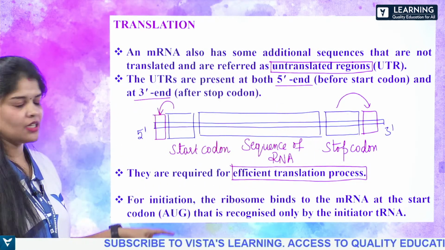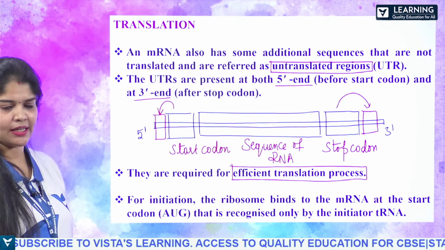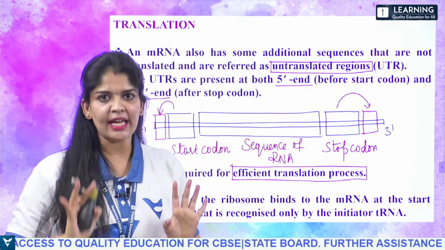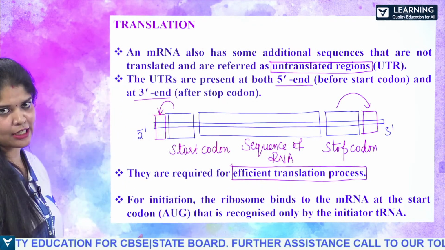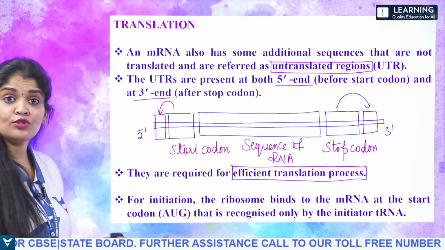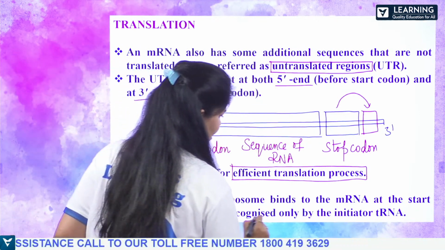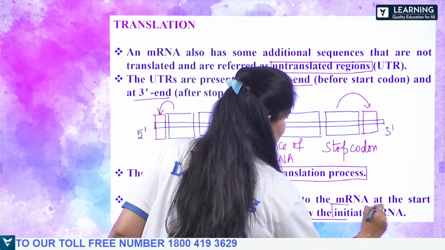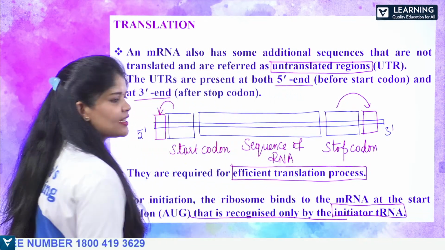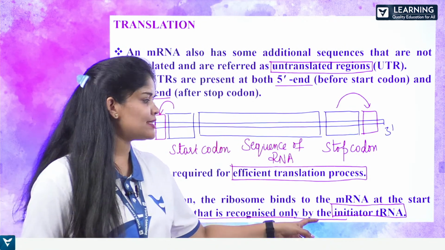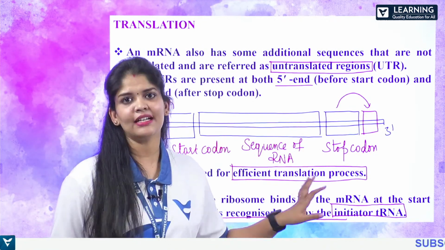For initiation, the ribosome binds to the mRNA. As we already said, the smaller subunit of the ribosome goes and binds to the mRNA at the start codon. The start codon is AUG, which codes for methionine, as we already know. It is recognized only by a tRNA, and as it initiates the process of translation, we call it an initiator tRNA.